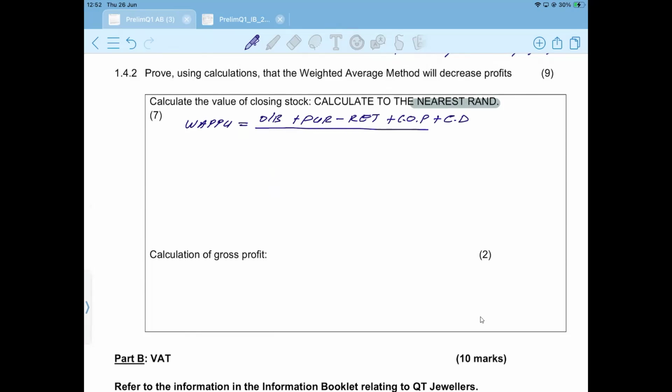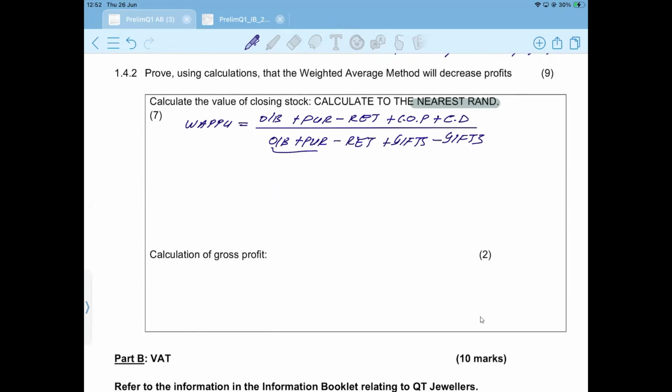And then you divide this by the units: units of opening stock plus units of your purchases minus units of your returns. Then you can add units gifted. So normally, if you are a good customer to a supplier, they'll give you some goods for free. And sometimes you will return those goods, so you can also subtract gifts.